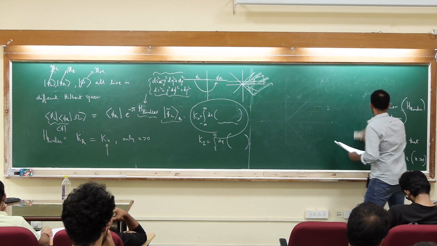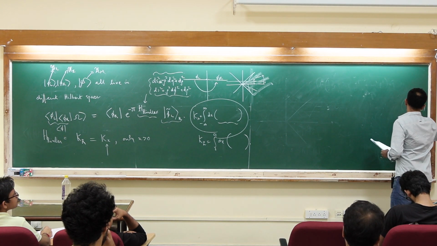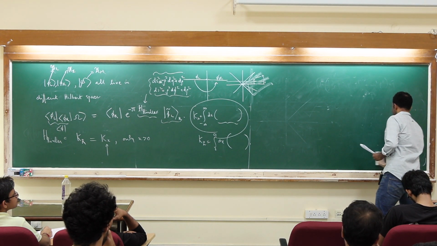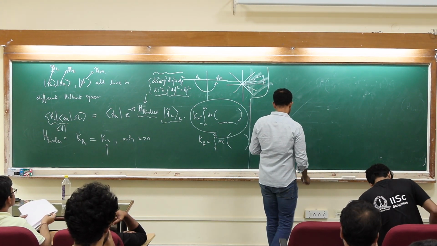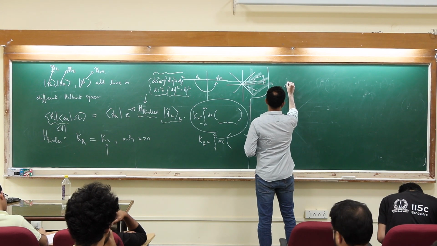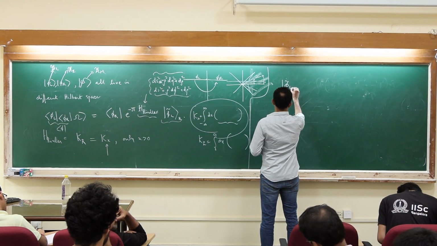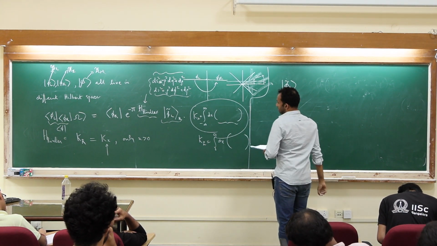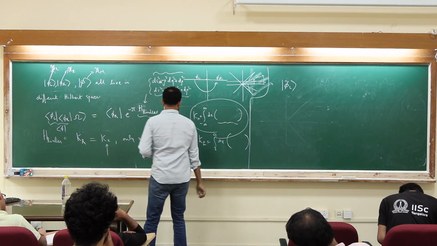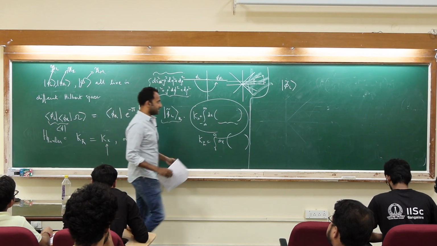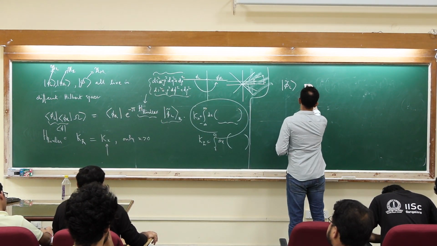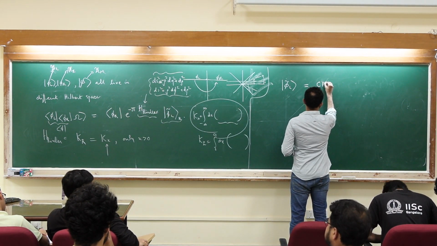Okay, now let me talk about the second ingredient, which is basically a form of time reversal. I'll call this phi tilde L. This phi tilde L is tricky because I'm thinking of this phi L in this language as this.